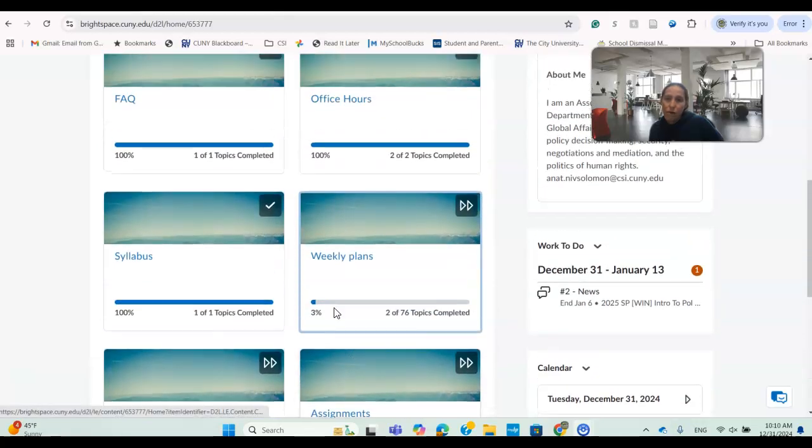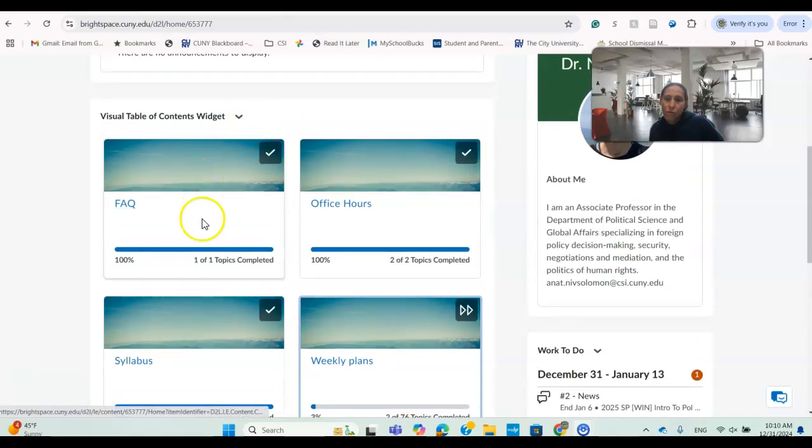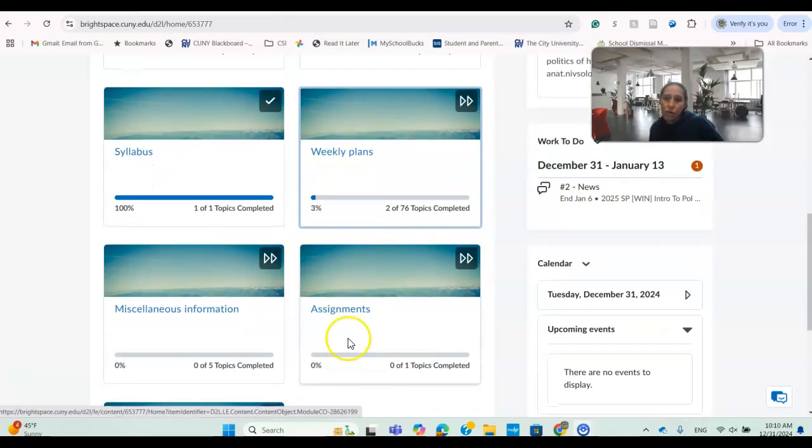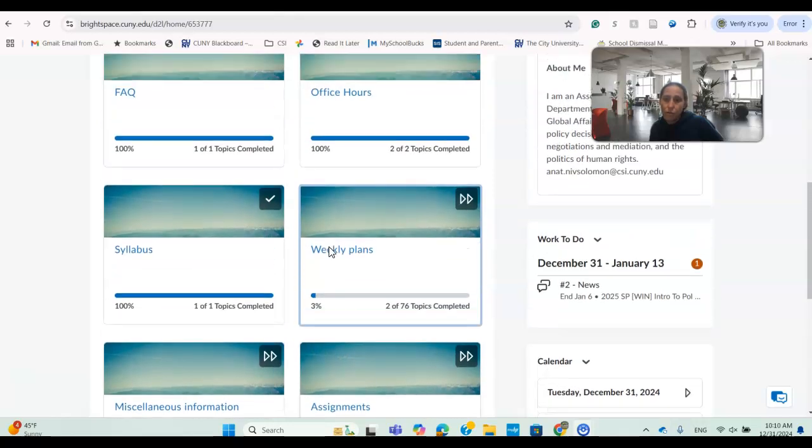As you can see, right now, some of those tabs have content in them, and others show you that there aren't any topics in them yet, but those would fill in as we continue on.